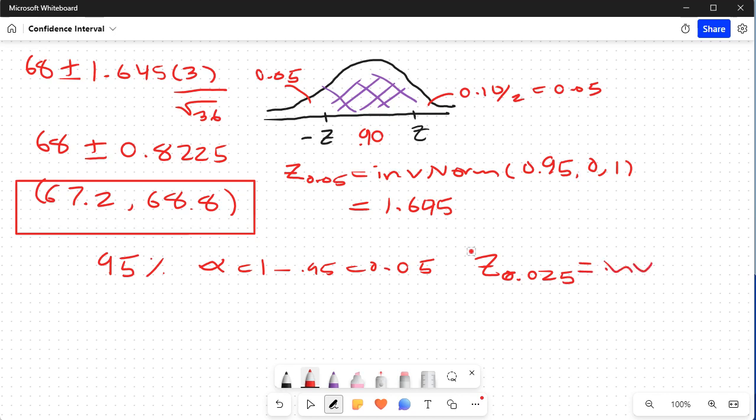And then how do you find that? You use the inverse norm function, which takes as input the area, which is going to be the 95% plus alpha divided by 2, which would be 0.975, with a mean of 0 and a standard deviation of 1.